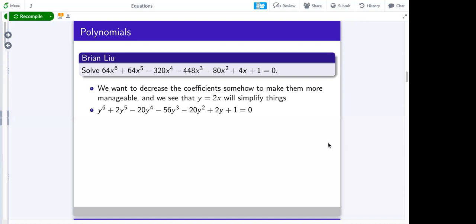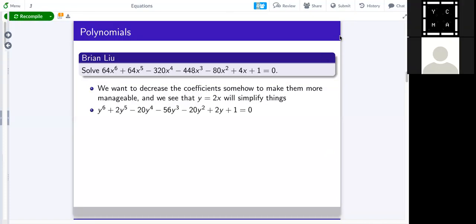How would we do this? Essentially the idea is we want to somehow center it so that it's symmetric about the constant term.